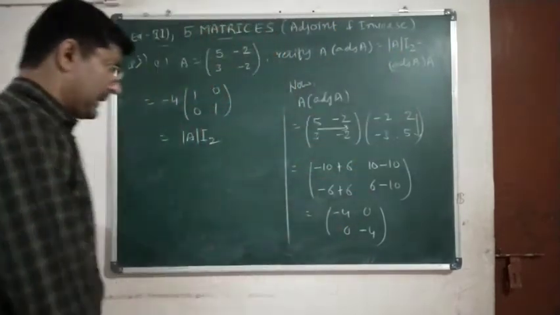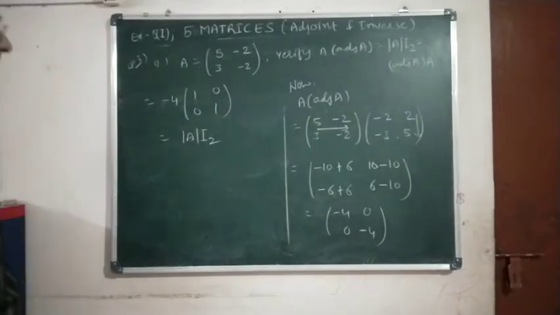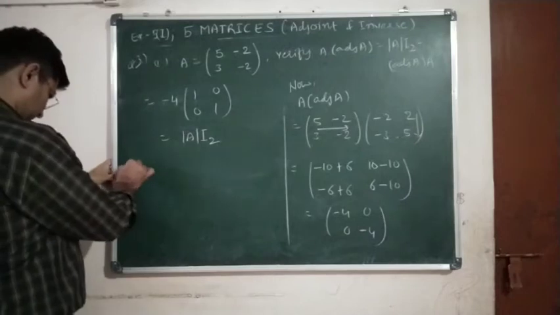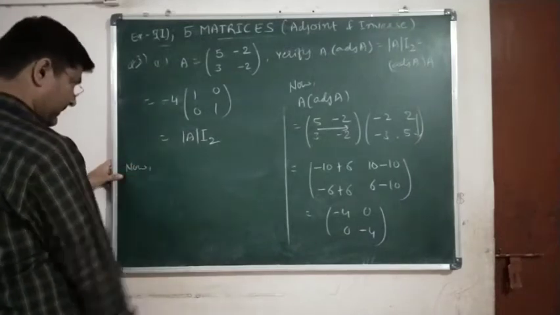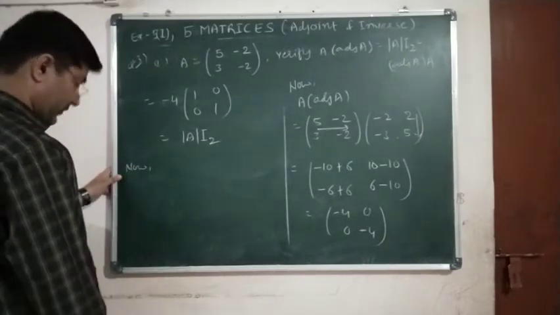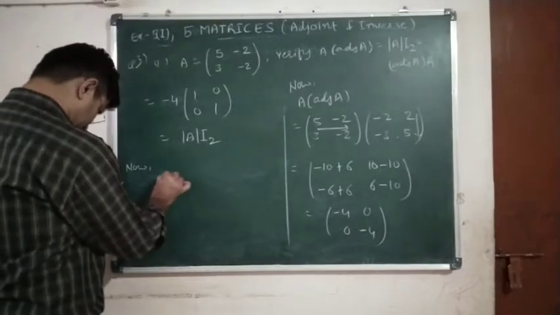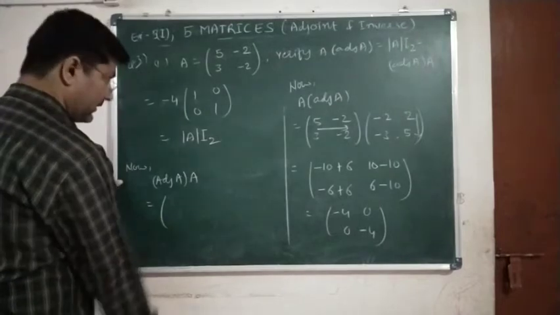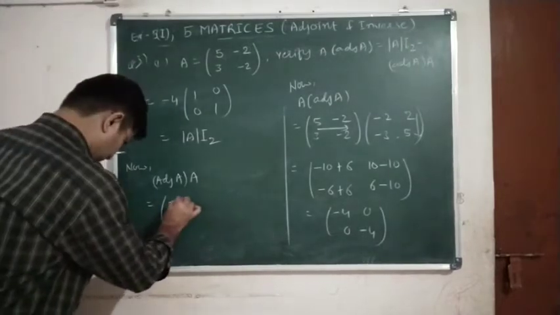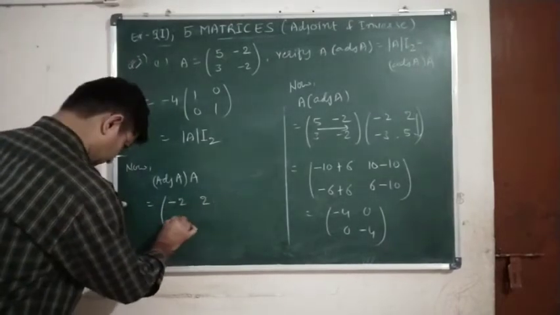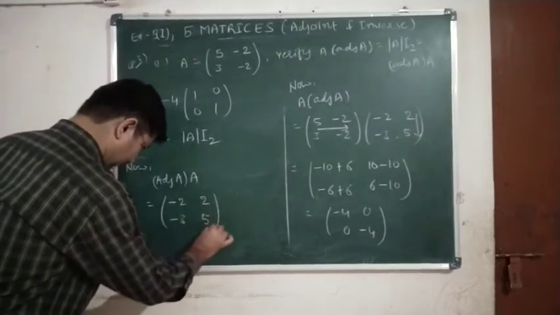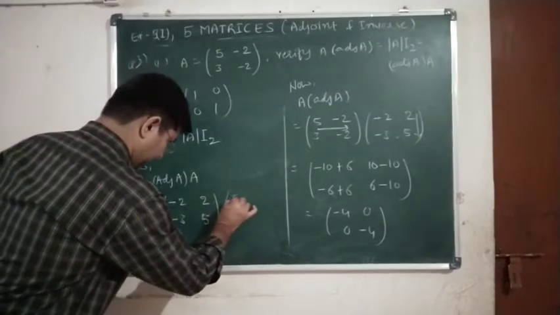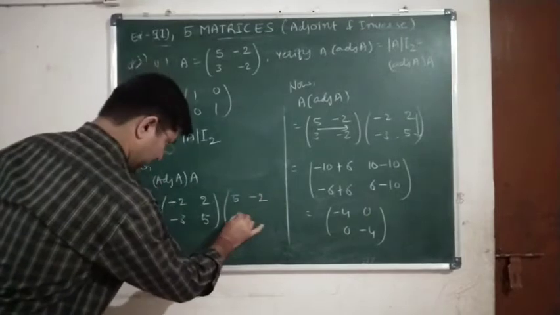Now we will find out adjoint of A into A. Adjoint of A into A is equal to minus 2 2 minus 3 5 into 5 minus 2.